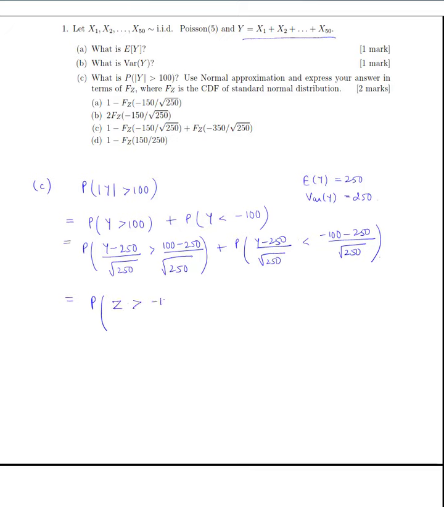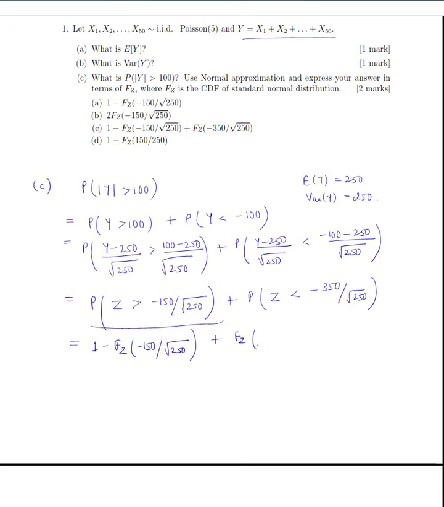This z is greater than minus 150 divided by root 250, plus probability z less than minus 350 divided by root 250. Now this first expression can be written as 1 minus Phi of minus 150 divided by root of 250, plus Phi of minus 350 divided by root of 250. So the correct answer is option C.